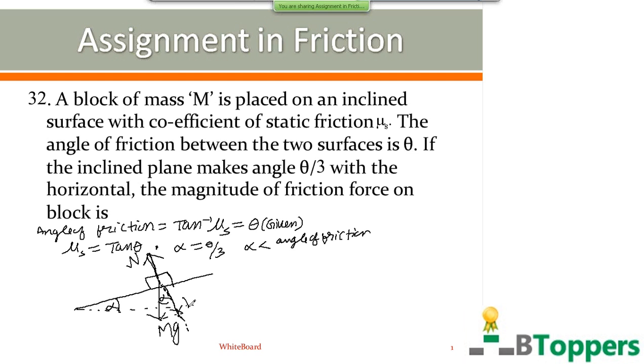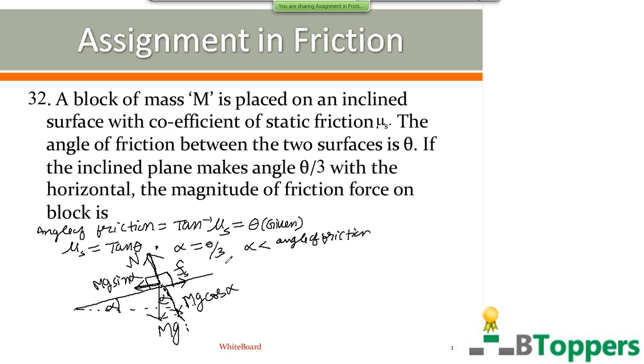Resolve the weight mg into rectangular components parallel and perpendicular to the inclined surface. The component mg cos alpha acts perpendicular to the inclined surface. The component mg sin alpha acts parallel to the inclined surface and tends to move the block down the incline.